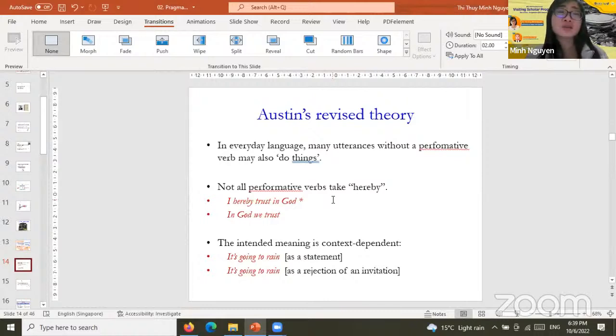If two people look out of the window and complain about the weather, and one says "Oh, it's going to rain," it's a statement about the weather, or maybe a complaint, or a prediction. But if a person asks another person out, saying "How about going out for a walk?" and the other person says "It's going to rain," that can be counted as a rejection of the suggestion. So it really depends on the context.